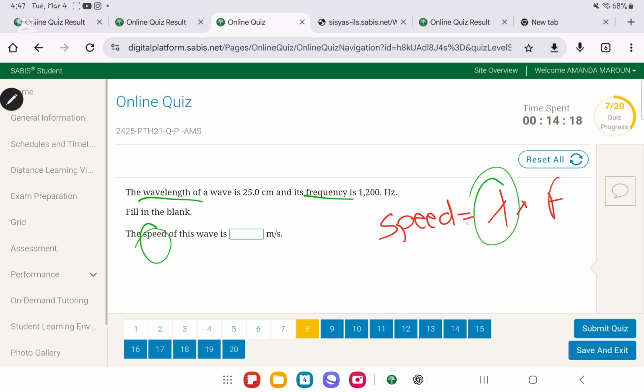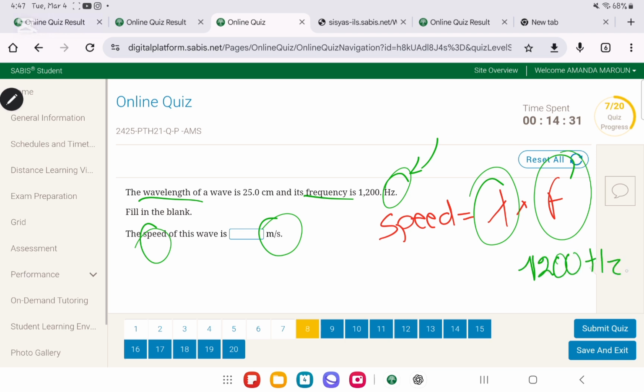They need it in meters per second. So hertz, you're not going to change, you will keep it the same, so 1200 hertz. But the centimeters you can change into meters, so times 10 to the power of minus 2. So 25 times 10 to the power of minus 2 times 1200 hertz.